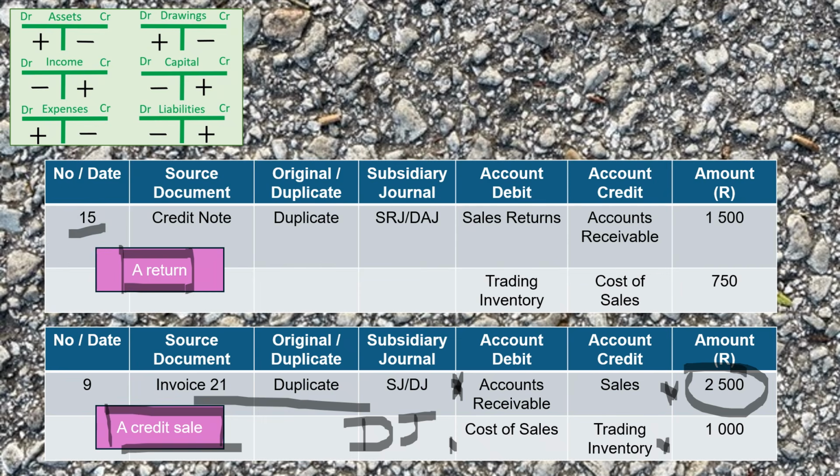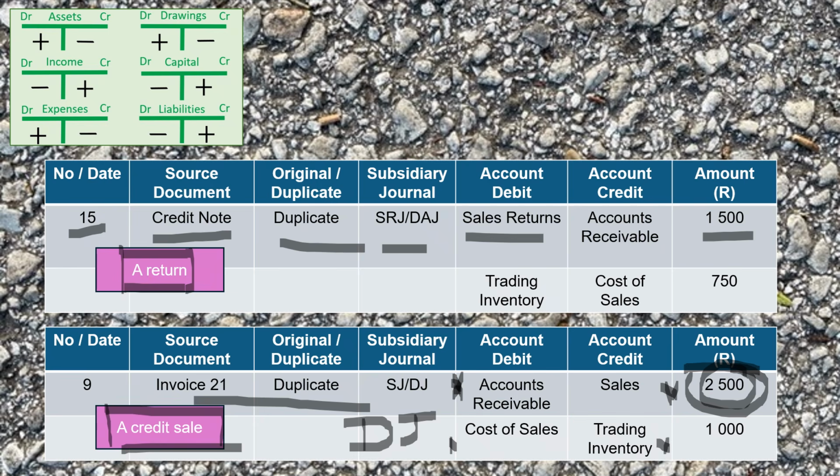On the 15th, they weren't happy with 1,500 Rand worth of stock of the 2,500 that they had bought. We issued a credit note. We are left with the duplicate. The information was recorded in the sales return journal, or you can call it the debtors allowance journal.